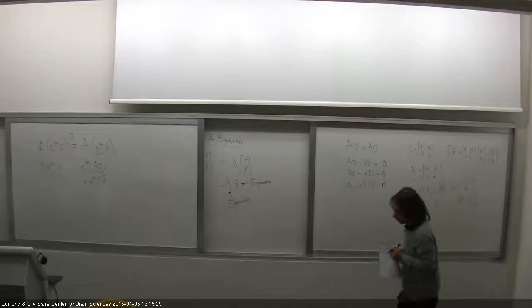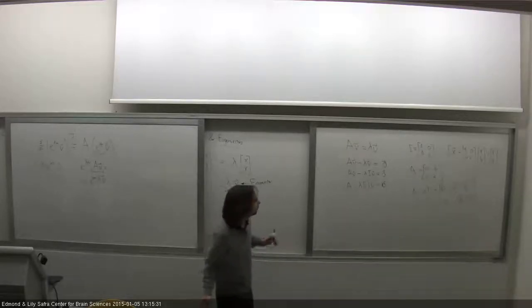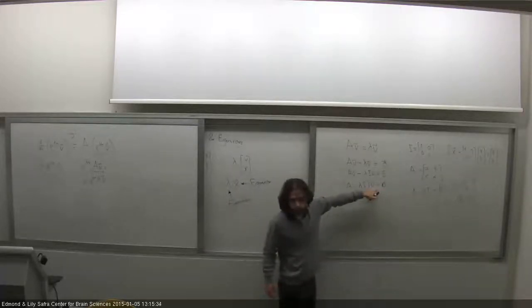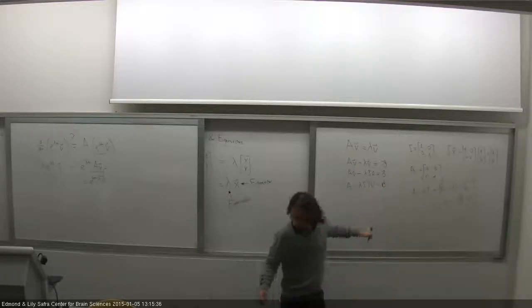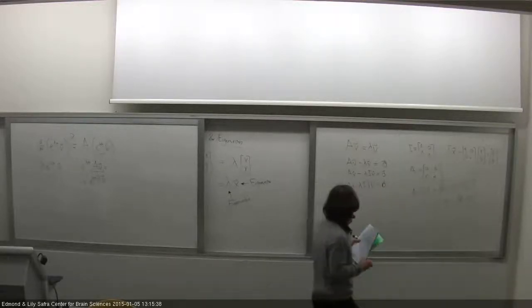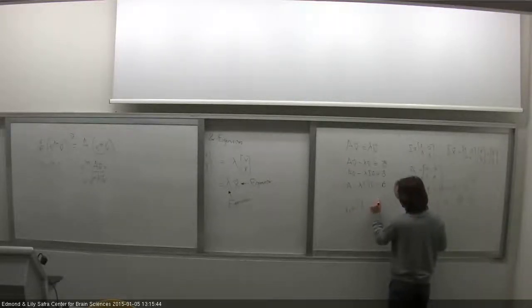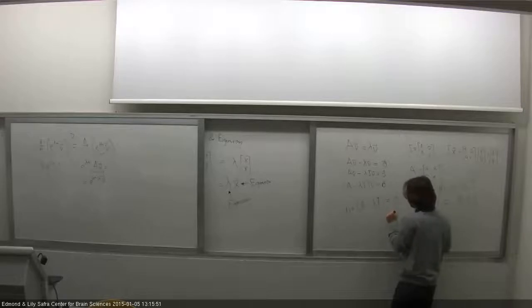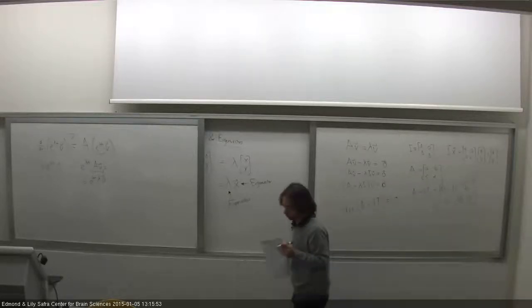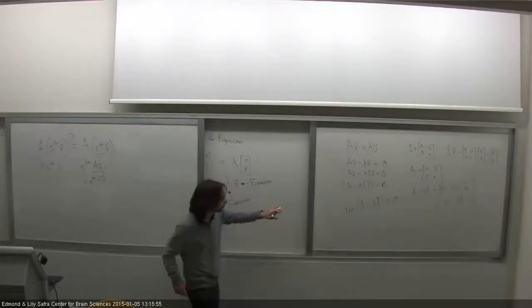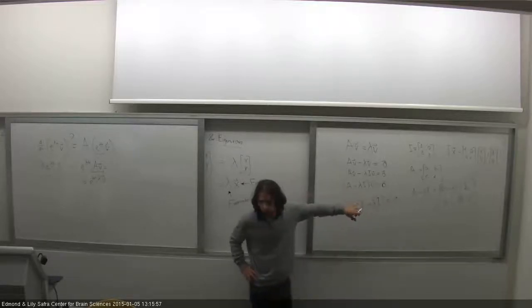So if this matrix is multiplying V and I'm getting back the zero vector, this means that the determinant of this matrix must be 0. And this is what I'm going to use in order to find the eigenvalues.